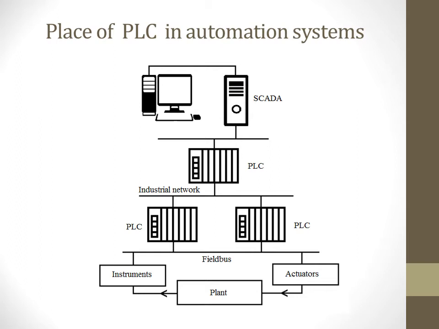So this is the programming tool of automation control system. And on this picture, we can see the place which the PLC occupies and the level of automation control system with a PLC.